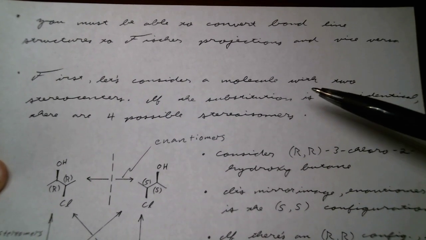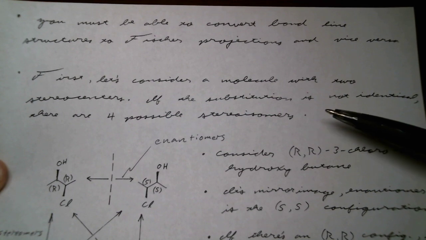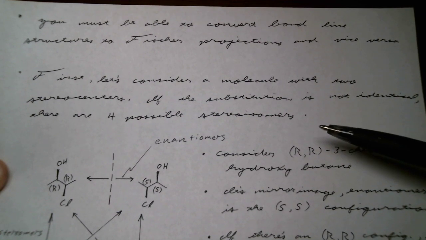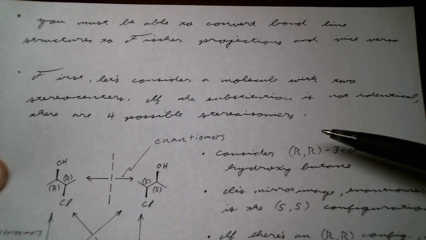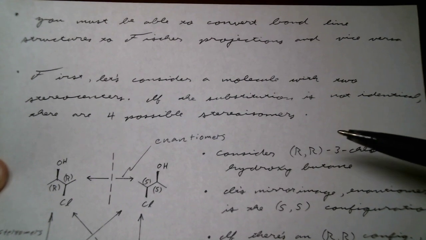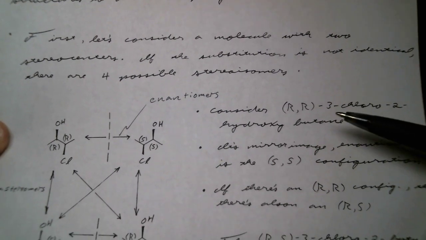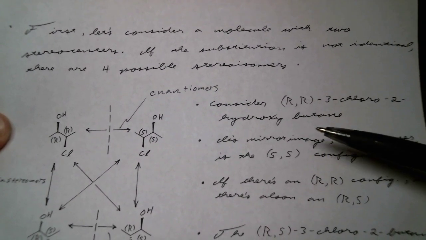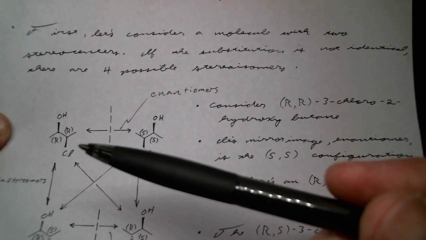So first let's consider a molecule with two stereocenters. If the substitution is not identical, there are going to be a total of 4 possible stereoisomers. So let's consider RR 3-chloro-2-hydroxybutane, this molecule here.